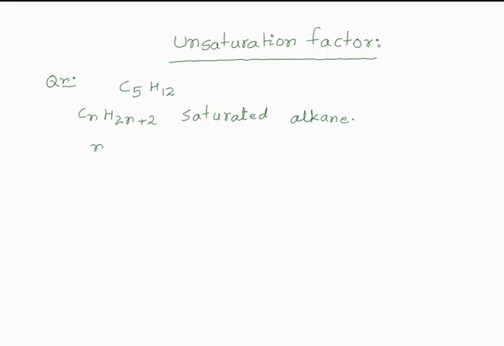So if I put n equals 5, we will have 5 into 2 plus 2, that is 12 hydrogen required. And in this compound, we have 12 hydrogen. So unsaturation factor is 0.